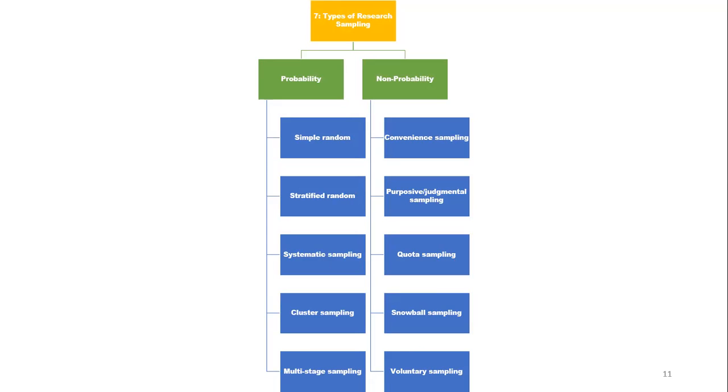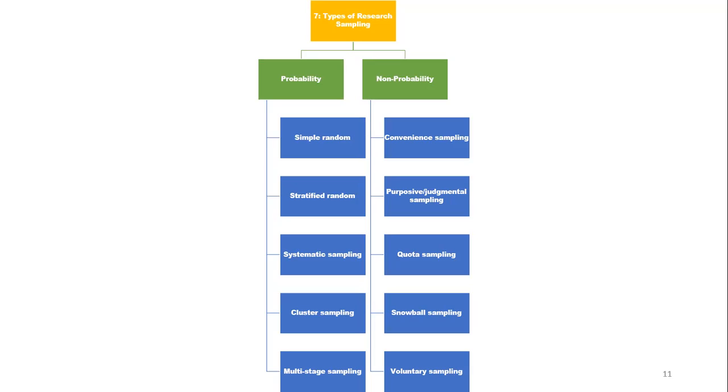The researcher does not know who will be involved in the study. But non-probability, the researcher determines, he knows, you already have pre-information of who might be involved in this study. The probability, that is based on the chances, is classified into 5.